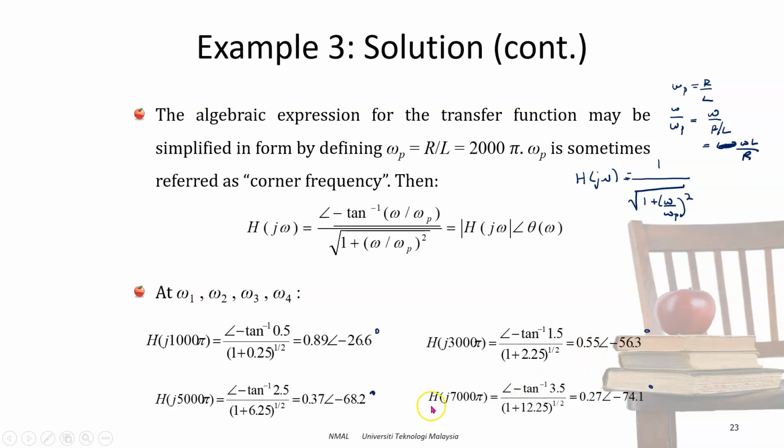And finally, at the highest frequency, H(j 7000 pi), the magnitude has reduced to 0.27. So we can see that this transfer function is associated with a low pass filter because it passes low frequencies but not the high ones.